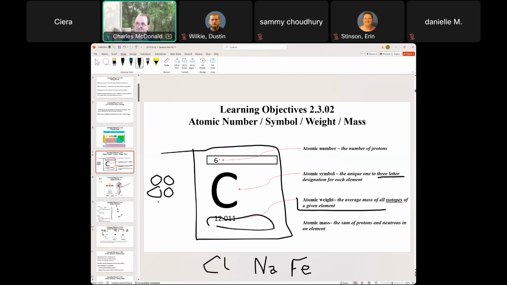But there are some that have extra neutrons, and that's what's going to make one of these guys what they call an isotope. Carbon 13, and there's an even rarer form called carbon 14. You guys may have heard about it. That's what they use to date dinosaur bones and rock sediments and things like that.